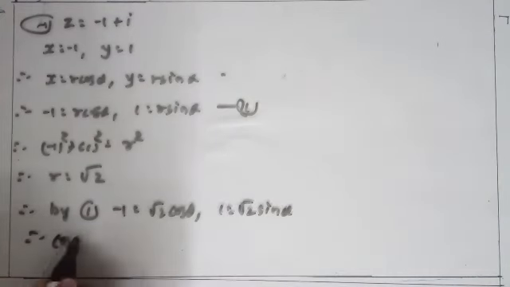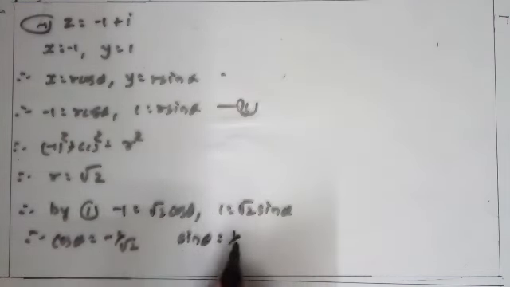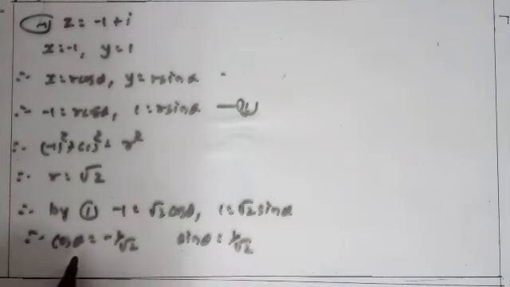Therefore cos theta is equal to minus 1 upon root 2, and sin theta is equal to 1 upon root 2. Clear? Cos is minus 1 upon root 2, sin is 1 upon root 2. Now think how to get the value of theta. Without sign, the value of cos is 1 upon root 2, sin is 1 upon root 2, and think where the value of cos and sin become 1 upon root 2: at pi by 4.